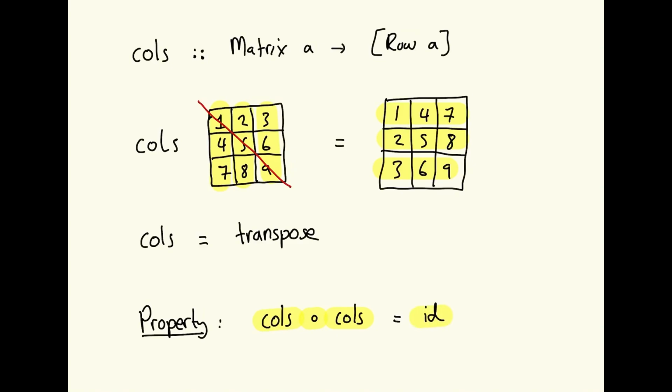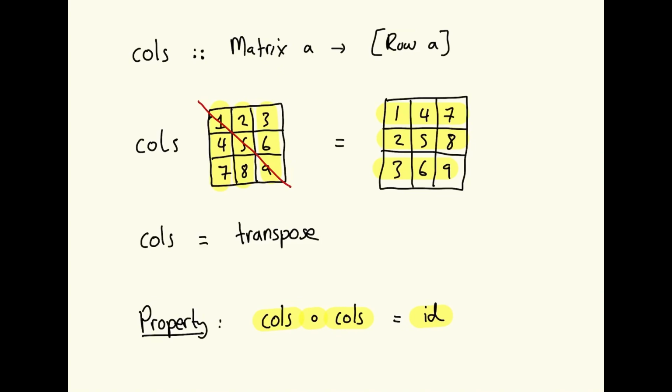It's very easy to see, at least intuitively, by looking at the picture, that this is the case. Because if you flip or transpose a matrix twice, so if you flip it about the diagonal and then do the same again, you will get back to the point that you started with. So this is just saying that if you transpose a matrix twice, you get back to where you started.